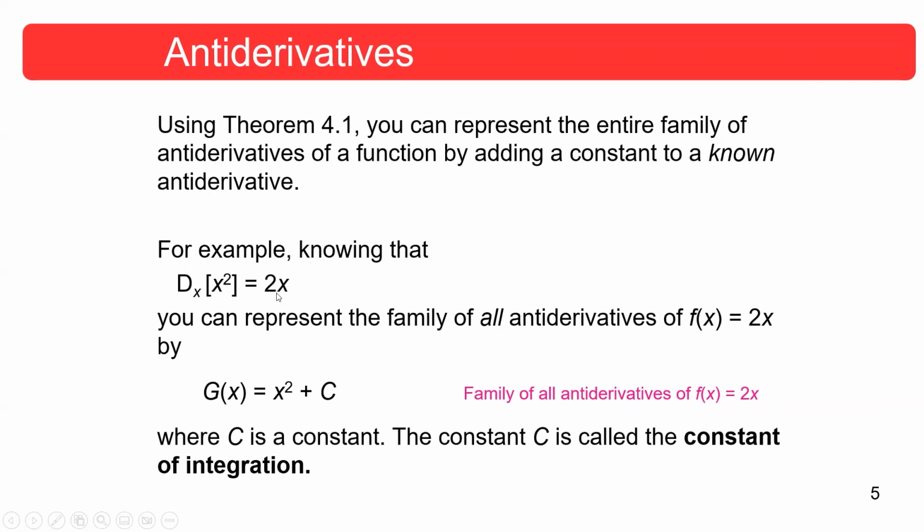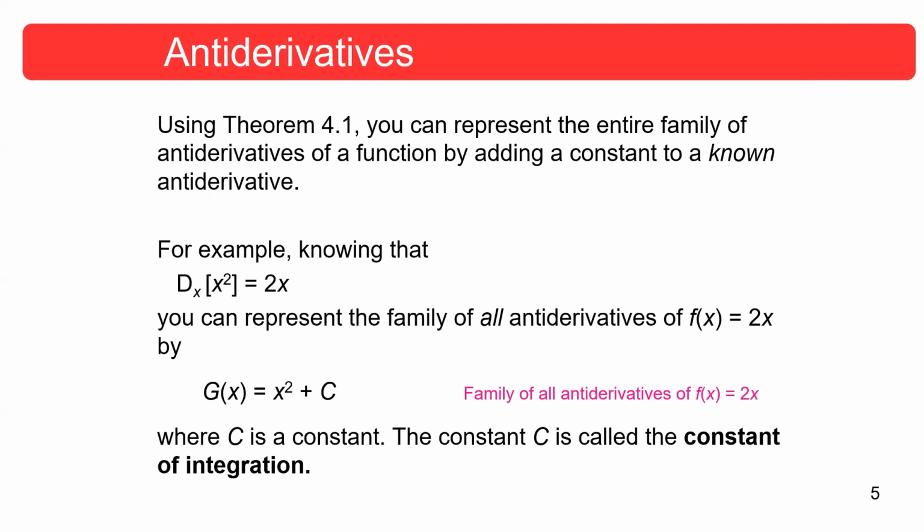Hindi natin alam what particular one. So we can say, there is a family of antiderivatives that represent 2x kapag kinuha natin yung antiderivative. So what will that be? That's going to be x squared plus c, where c, be careful of the definition, guys, is called the constant of integration. Can you follow this?